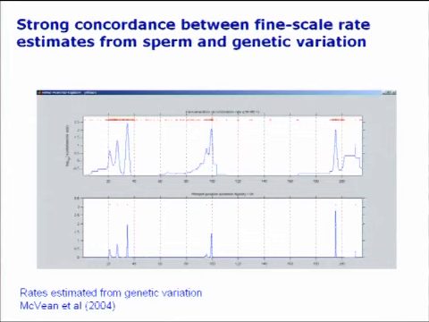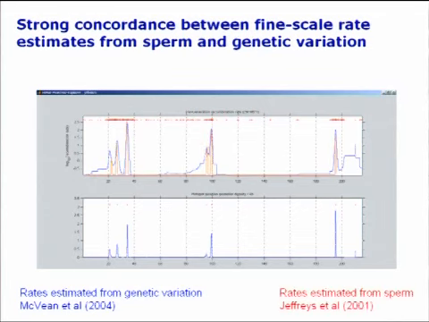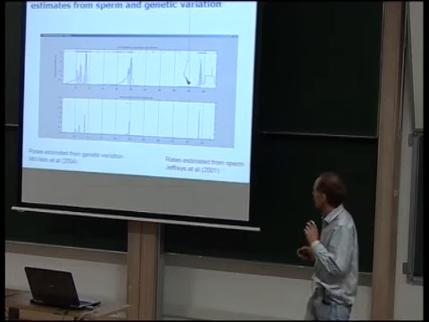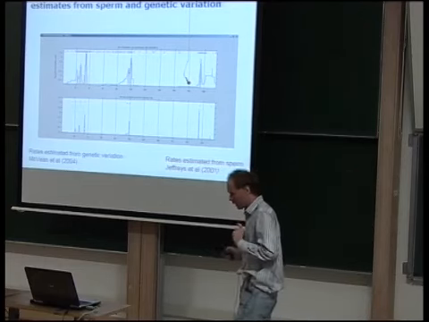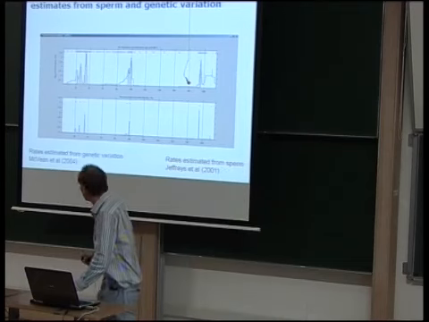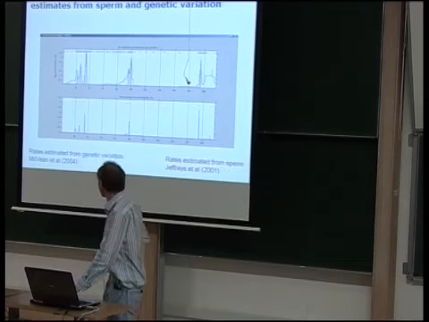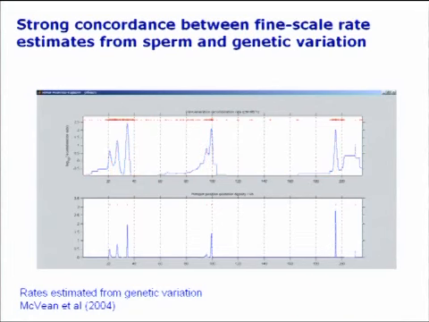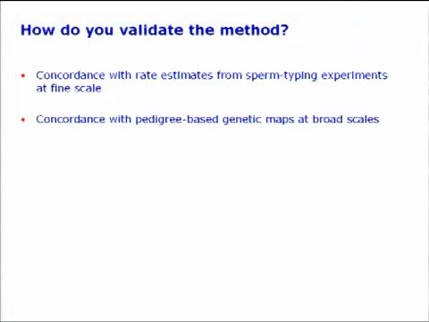And this is a parsing that actually calls hotspots using a slightly different methodology that I haven't explained. So that's what we estimate, and the red lines are what Alec Jeffreys estimates from the sperm typing, and hopefully you can see there's pretty good concordance between these two. We've got these kinds of data for actually 2 regions in the human genome, and they both show very good concordance apart from 1 hotspot. So that's at the very fine scale.